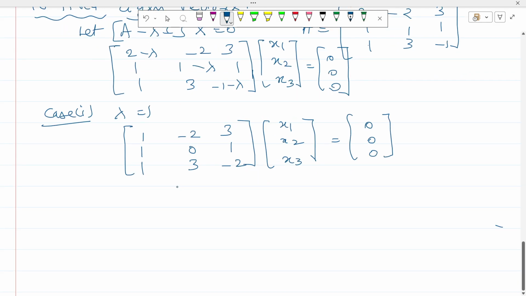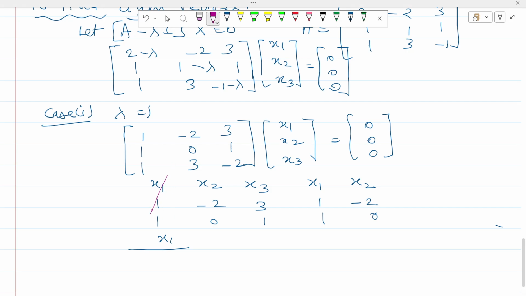To find the eigenvector of this, write x1, x2, x3, x1, x2. Write the two rows: 1, minus 2, 3, 1, minus 2, 1, 0, 1, 1, 0. So what is x1 here? To find x1, leave the respective column and write the next two columns' determinant.